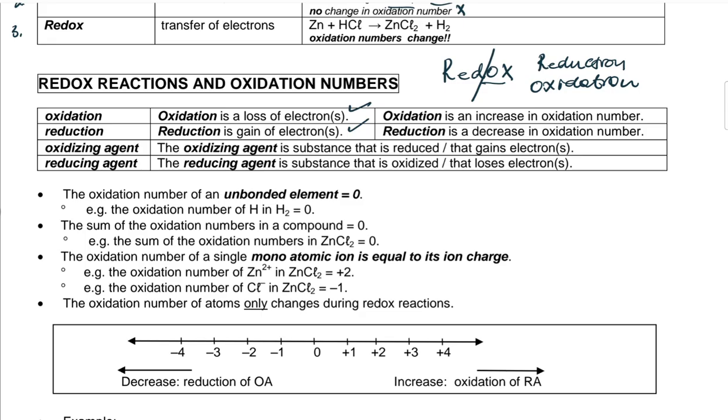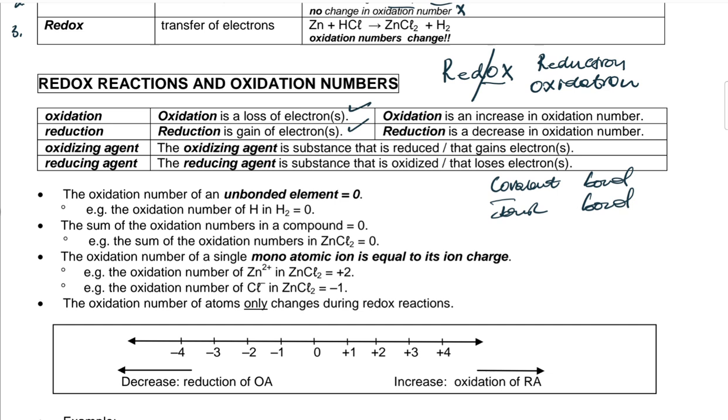Remember, in grade 11, now we talk about the types of bonds. So we talk about the covalent bond, we have the ionic bond.